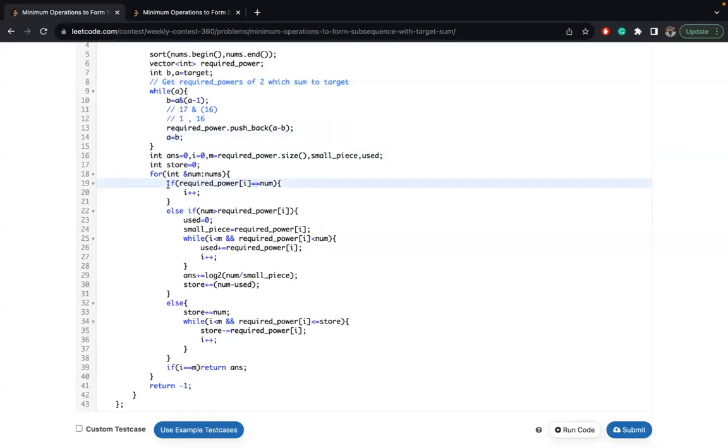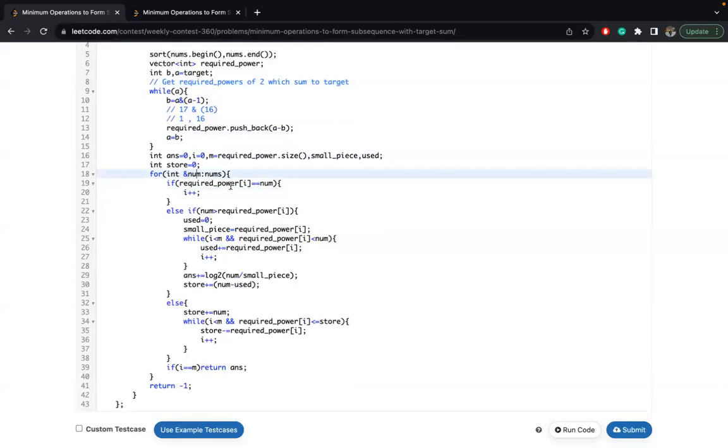The first condition: if required power is equal to num, you are just going to the next required power. So basically num is always going to be traversed, because in a for loop you will be getting the next num element.